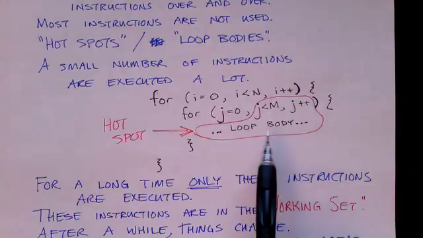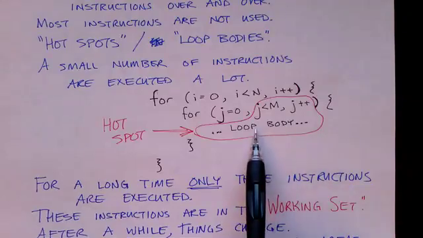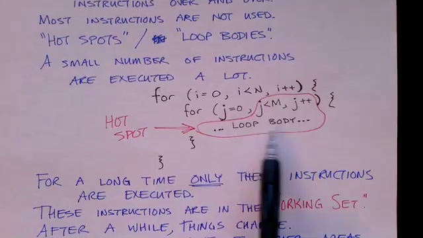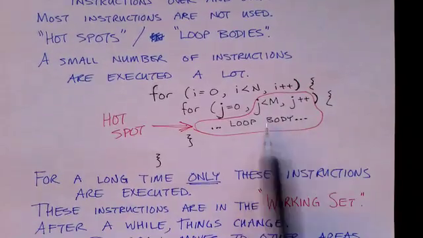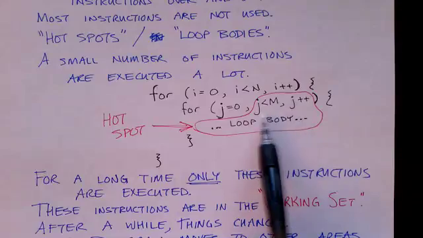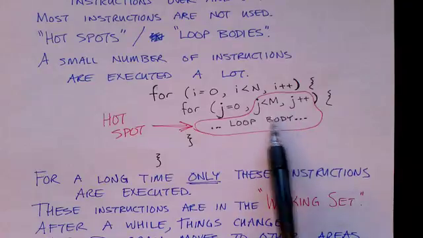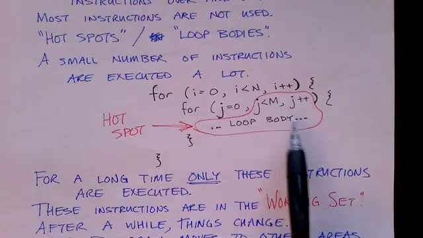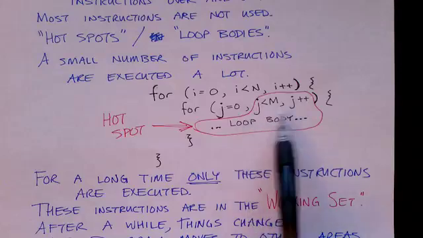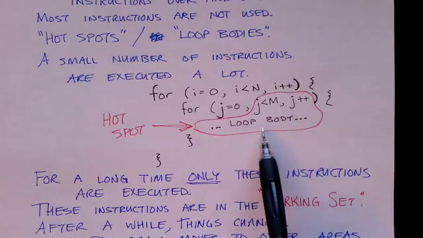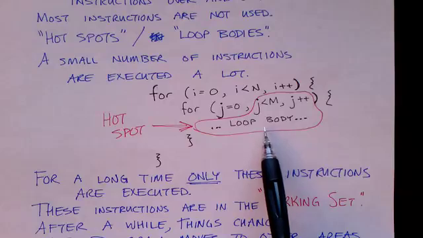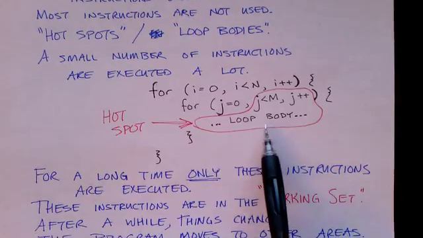For a long period of time, only the instructions here will be executed. While the program is in that section of its behavior, while it's executing that loop, it's executing only these instructions and nothing else. So these instructions are part of the working set for the program at that moment in time.